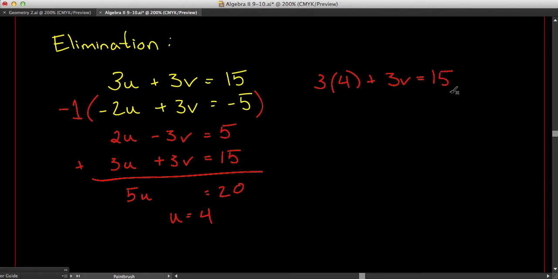If I subtract that to the other side, I'm going to get 3v equals 3. And then if I divide by 3 on both sides, I get v equals 1. So my u comma v solution would be 4 comma 1. And there we are. That's elimination.